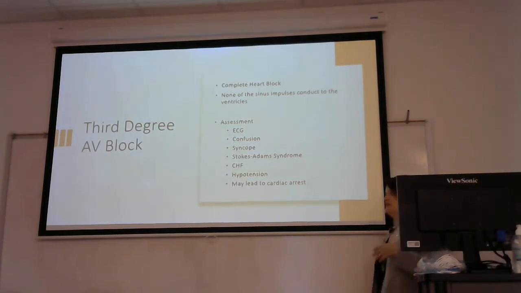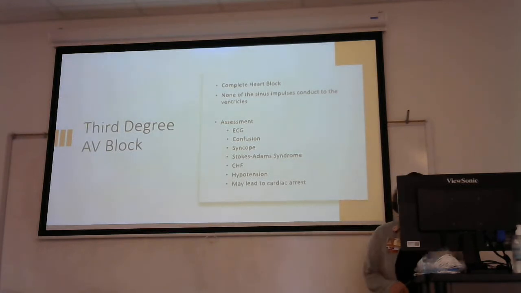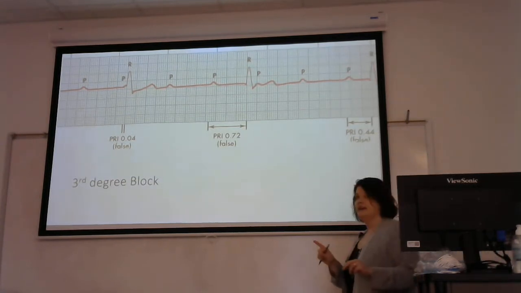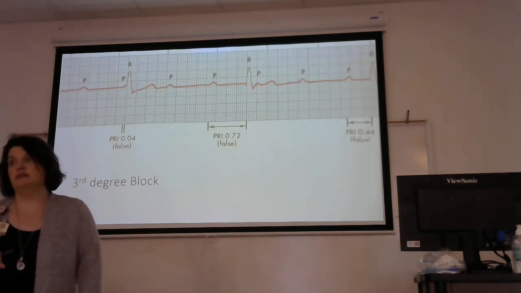So the way I always like to tell people, when you're trying to figure out what's going on: if your P and Q don't agree, then you have third degree. So that's always a great way to remember. If your P and Q don't agree, then you have third degree. Everything is a little off in third degree.